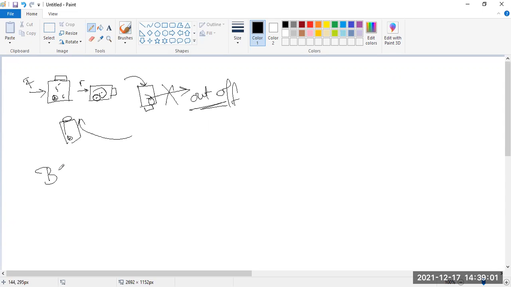We say bounded input, bounded output. Look, we are applying such a force that it will never break. Whatever force is there, the ball could not go out of this jar. So bounded input and bounded output are there.